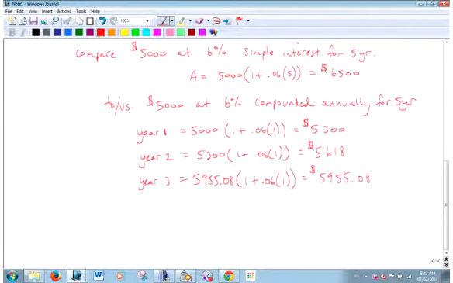My apologies. Okay, that looks more realistic. Year 4, I'm going to take all this money, 5,955.08, at 6% for another year. Okay, at the end of 4 years, I have 6,312 and 38 cents.